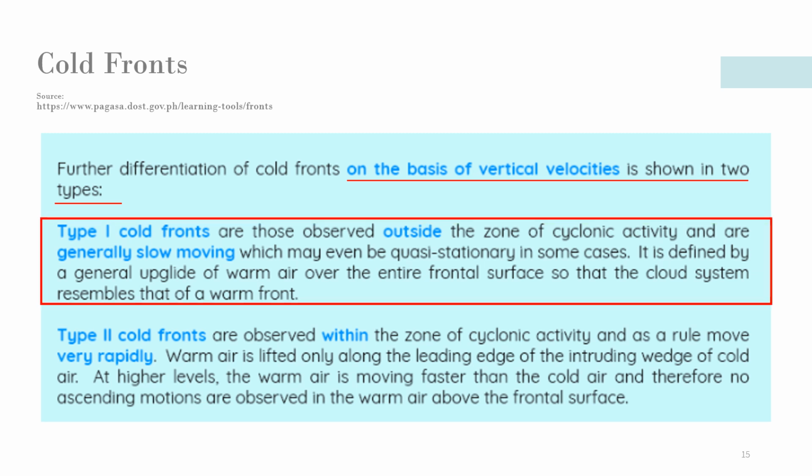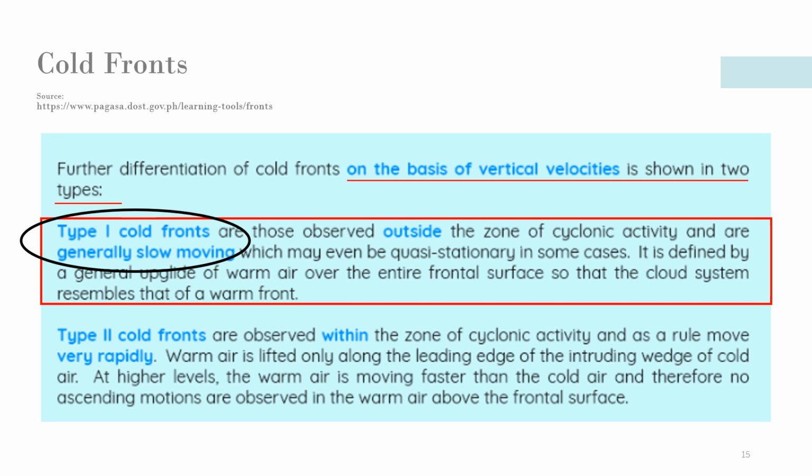The first one is the cold fronts that are observed outside the zone of cyclonic activity and are generally slow-moving, which may even be quasi-stationary in some cases. It is defined by a general upglide of warm air over the entire frontal surface so that the cloud system resembles that of a warm front.